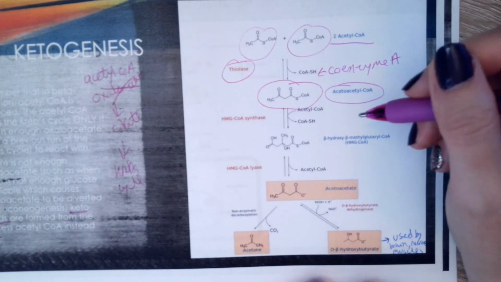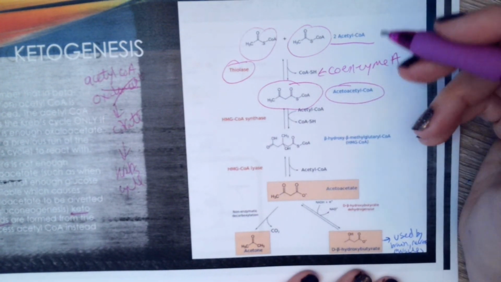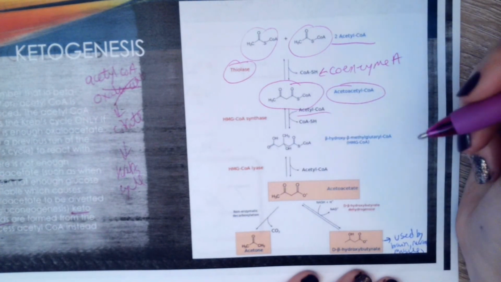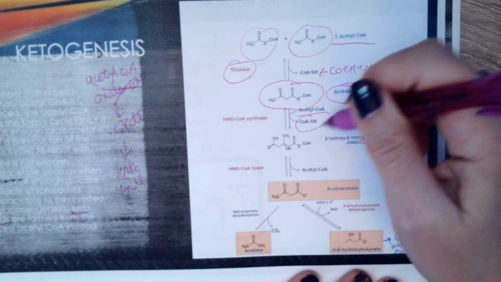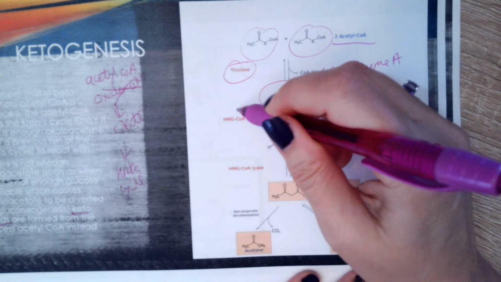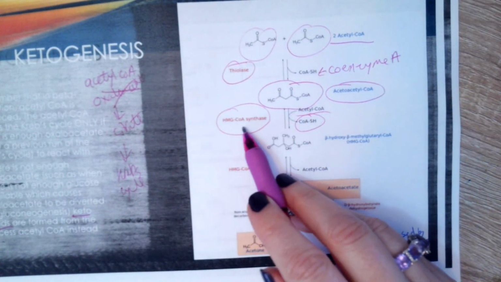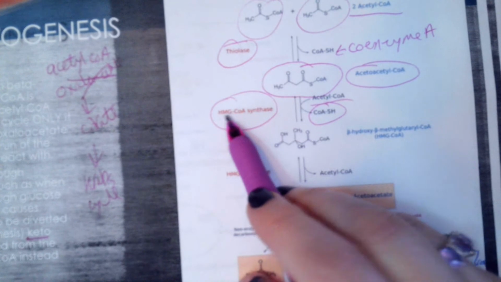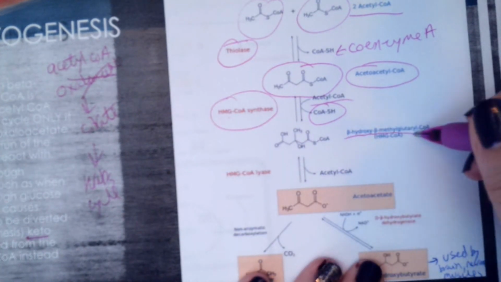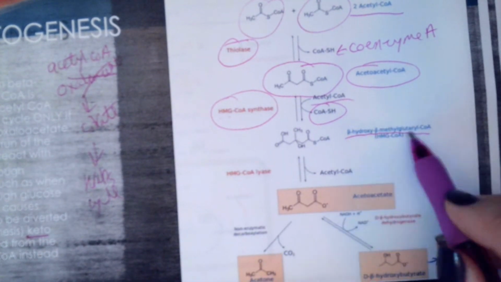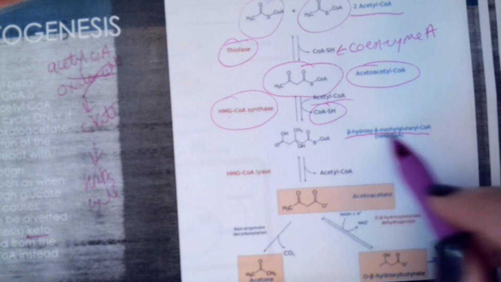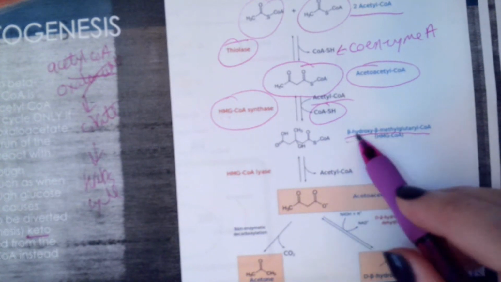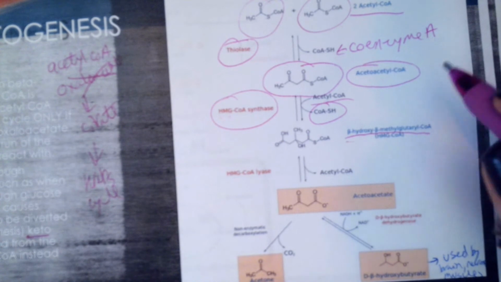Now we go through another round of chemical reactions with acetyl-CoA, another one coming in, more coenzyme A. This time we're using HMG-CoA synthase. We're not going to think about this name. This name is a real mouthful. If you look over here, there is the molecule that is created from it.